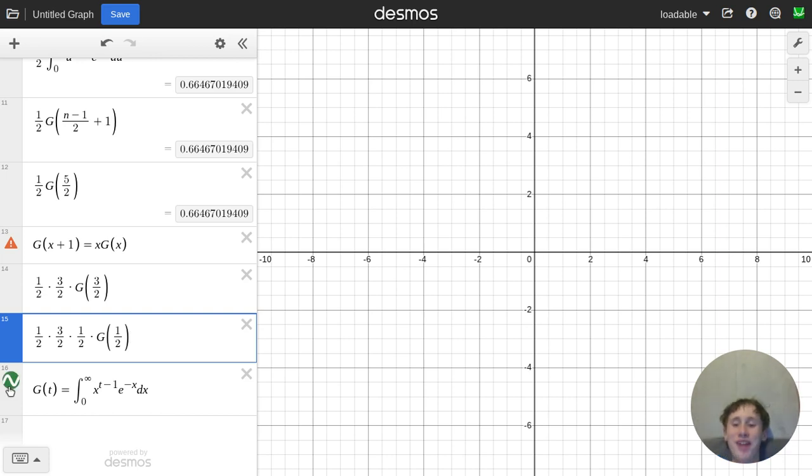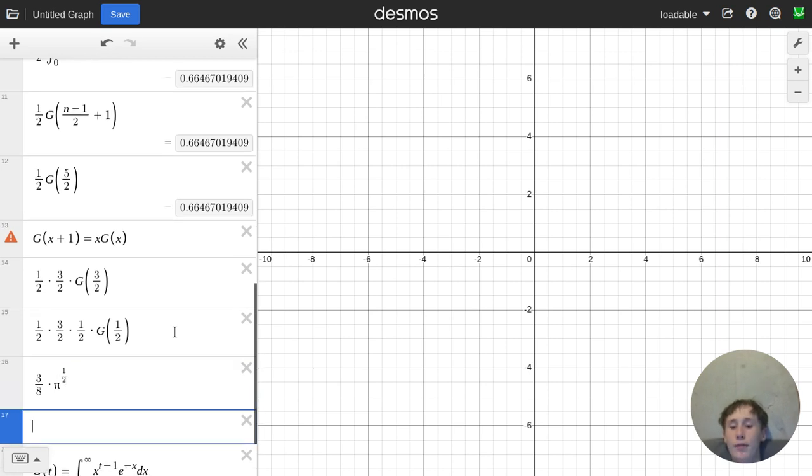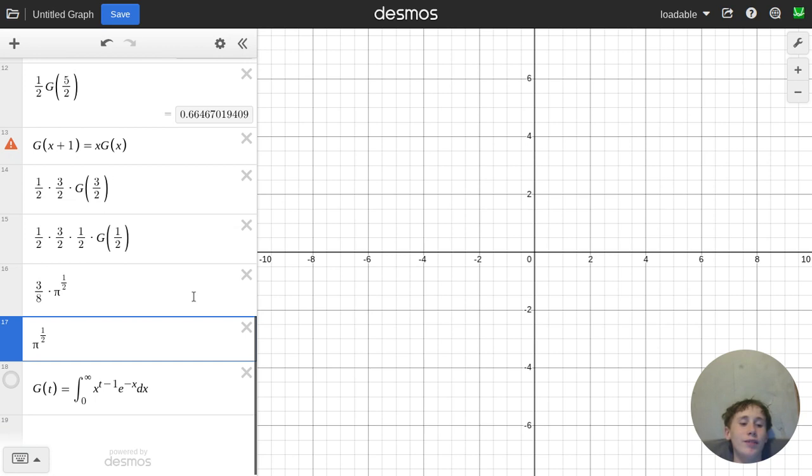Why are none of these showing? Okay. So we have 1/2 times 3 halves, which is 3/4, times 1/2 is 3/8. Times pi to the 1 over 2. Pi to the 1 over 2 is like 1.77 or something.